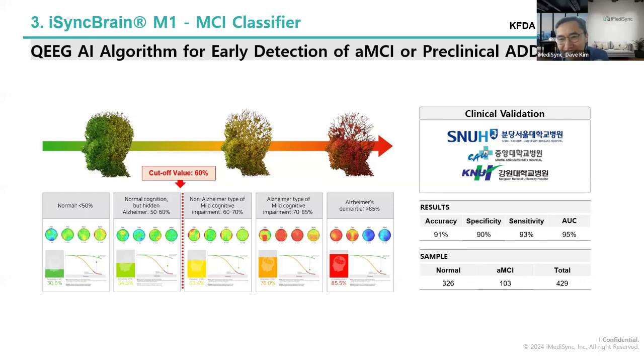So the current MCI biomarker is very difficult to associate, because we have around 100 QEEG parameters combined together to make a decision. It is a very complex combination to make a probability.